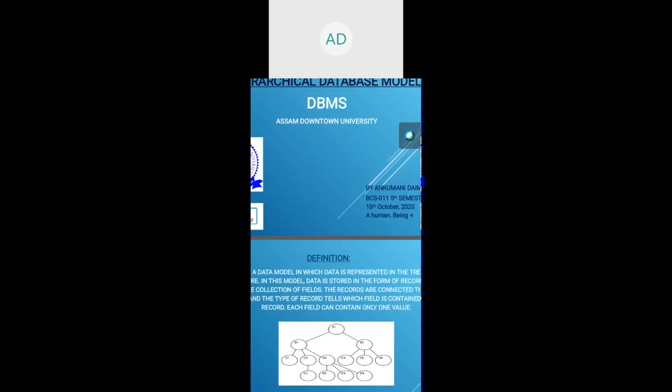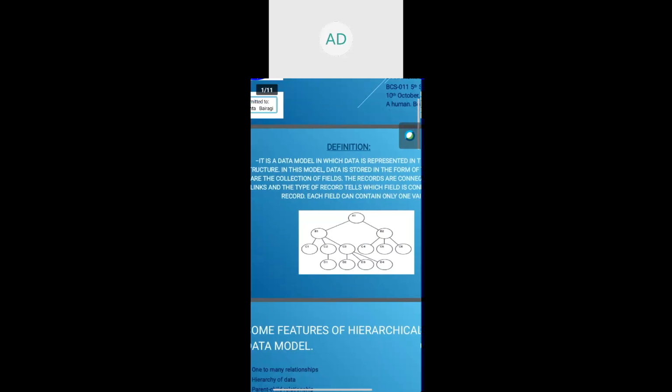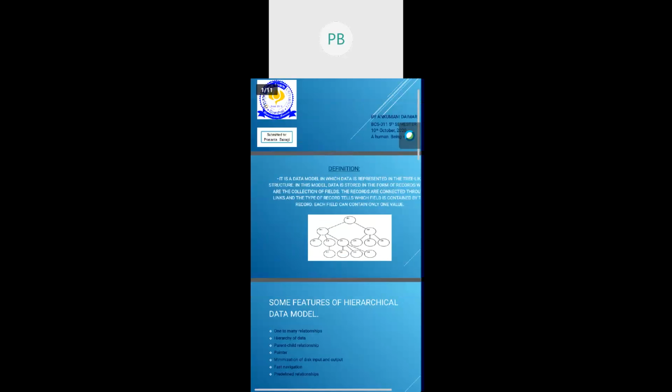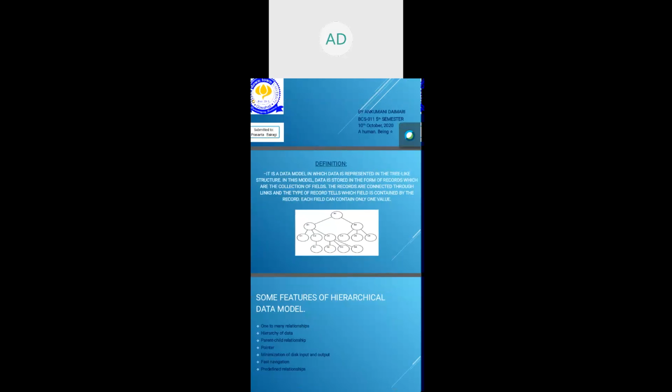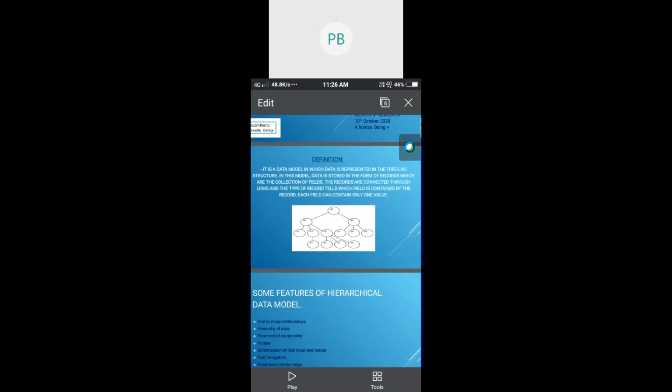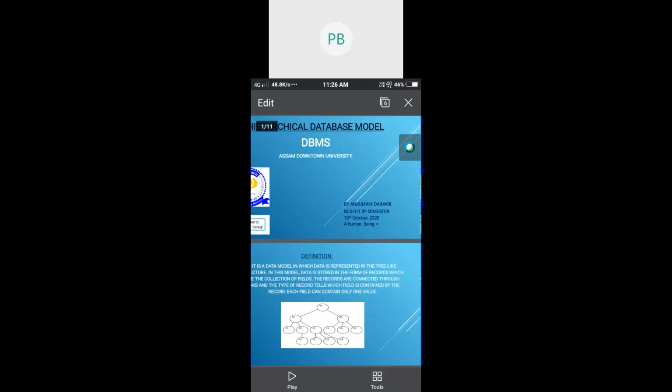Good morning, everyone. Okay, I'll start it. Okay, sir, the definition is given here. You decrease the zoom, and you click the play, then it will come one by one slide at a time. There's a play button, I think. Yeah, this one. You click the play button.